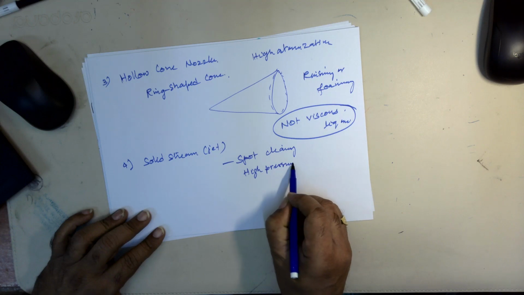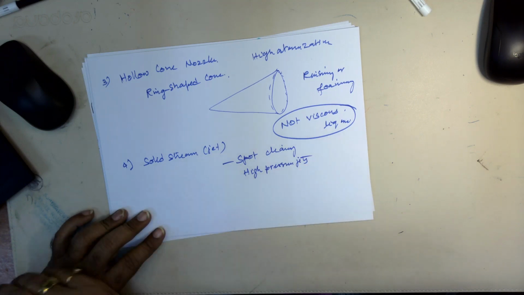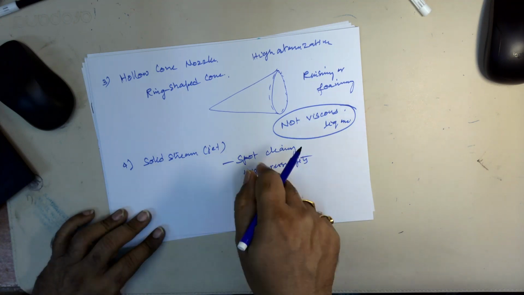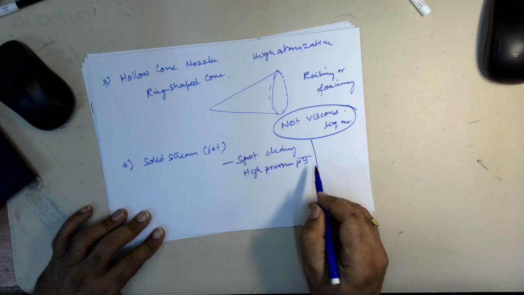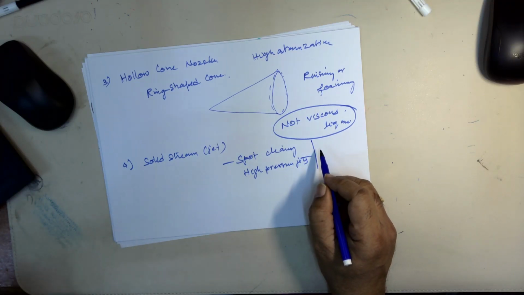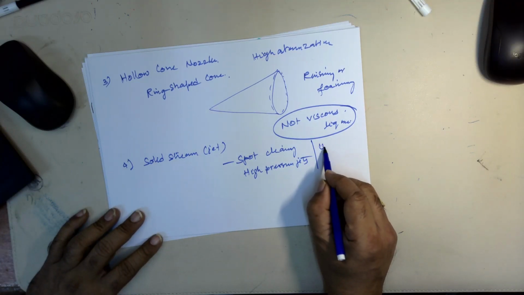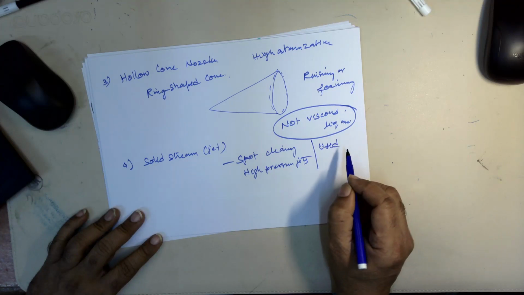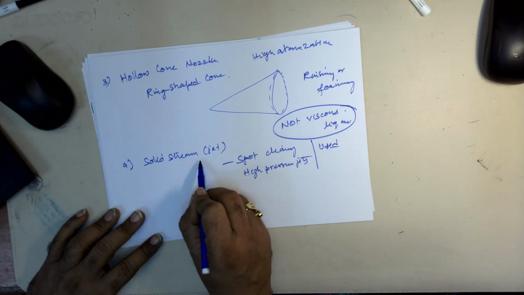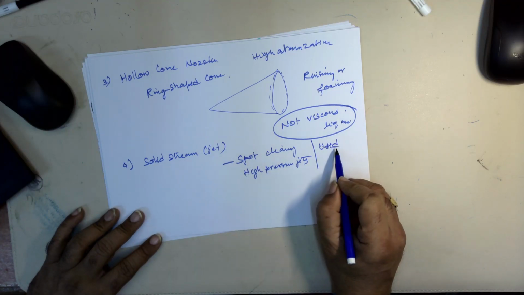And this is especially used in the case of stubborn greases or stubborn deposits. But then, sir, it will be a very thin jet? Yeah, in this case, it is thin, but the pressure will be very high.